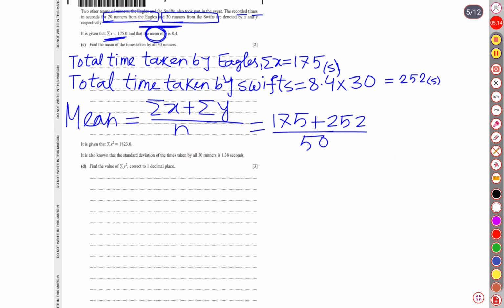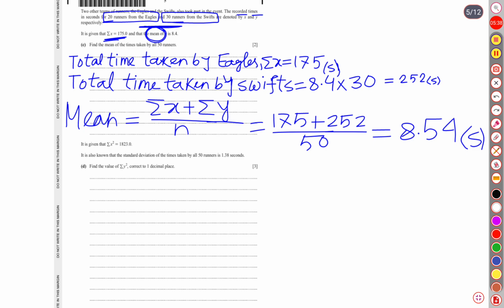Using our calculator, we find that the mean time of all 50 runners is 8.54 seconds. You may use any unit, or you can write only units.